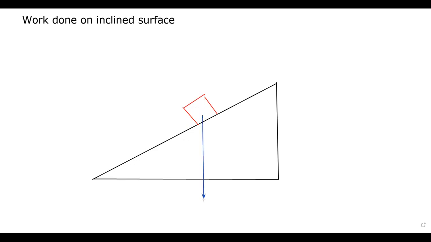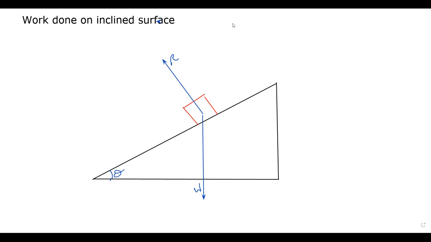The weight of the object on the inclined surface is acting downward. The normal contact force from the surface acting on the object is upward, and we can denote it by the letter R. And the inclined surface has angle theta.